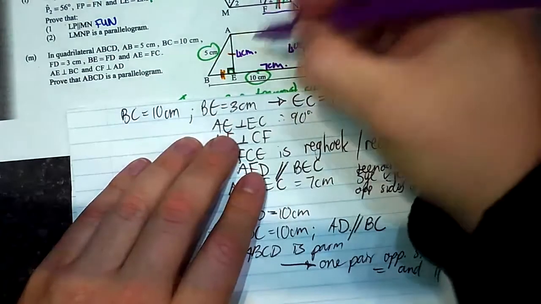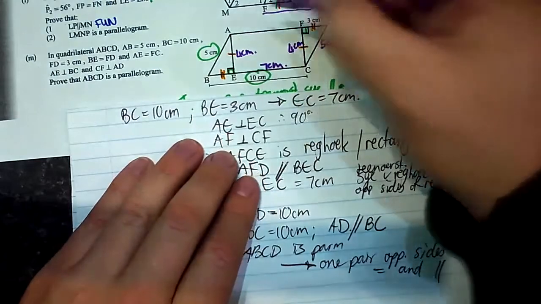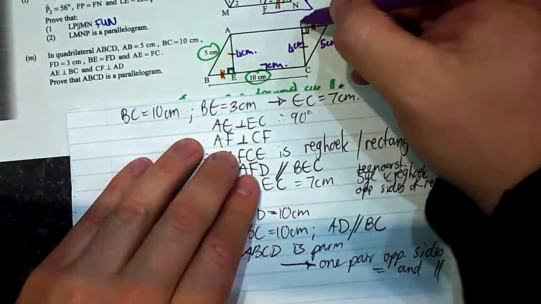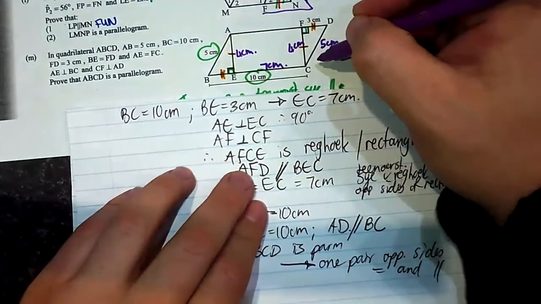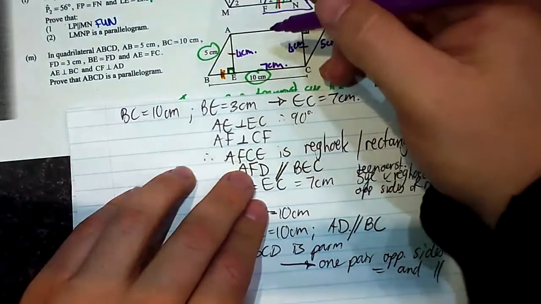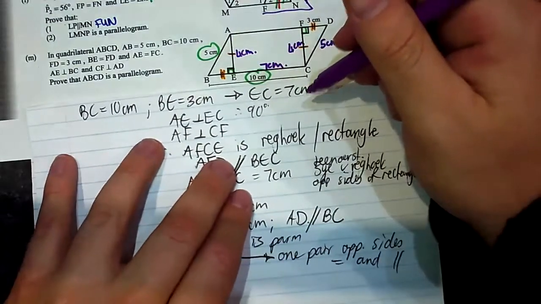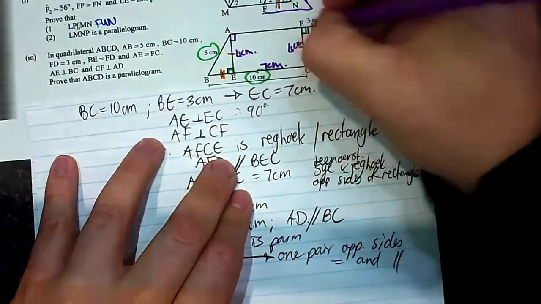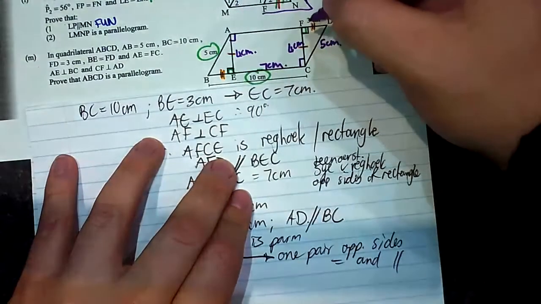Okay. And then AE is perpendicular to EC and AF is perpendicular to FC, loodreg of loodreg. Okay? So dit maak dat AFCE 'n reghoek is. Want verwisselende hoeke, hy is ook 90, verwisselende hoeke, hy is ook 90. Al vier die hoeke is 90 grade.